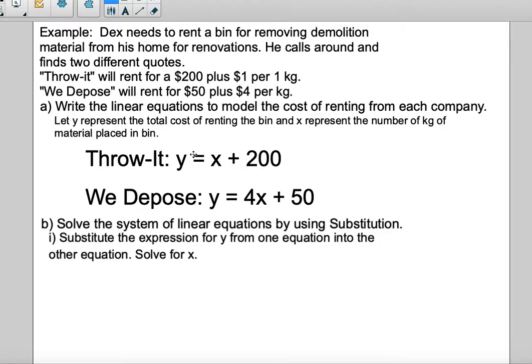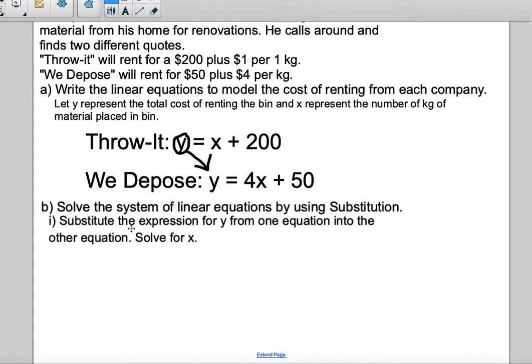So what we're going to do here is we're going to take what y equals here and sub it in for y down here. So we're going to take this y equals and sub it in for this y to solve. So it says solve the linear system by using substitution, and then substitute the expression for y into one of the equations, and then solve for x.